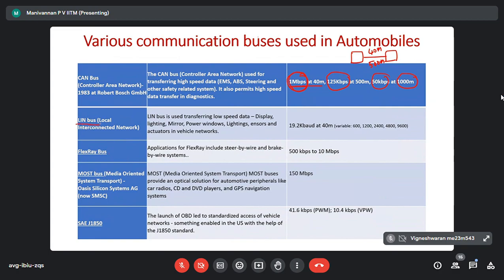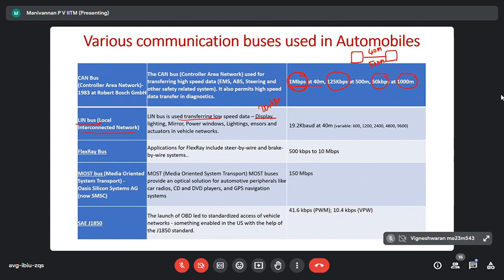Next one is called LIN bus, which is the short form of Local Interconnect Network. The short form is LIN. This bus is used for low-speed data, like the dashboard display, the 7-inch screen which shows speed and all those things.